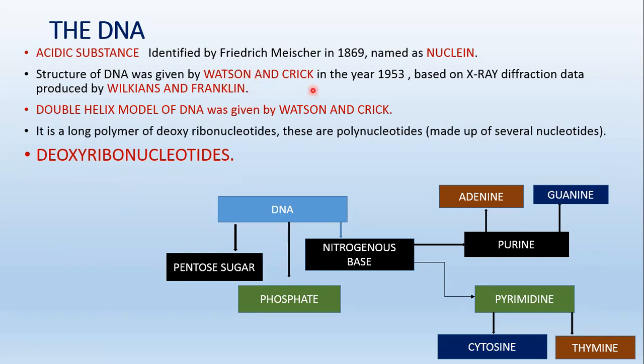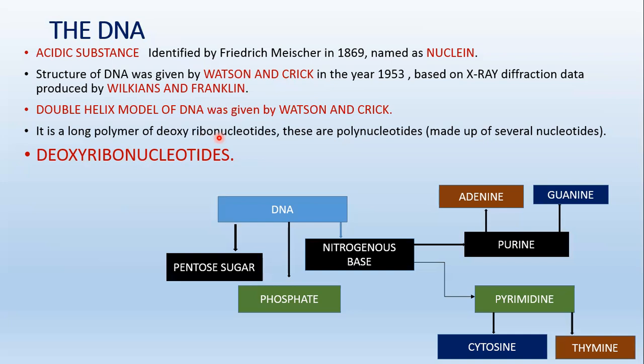Okay, so Watson and Crick gave the structure of DNA, but how did they give this structure? They must have read from somewhere. How did they get the idea about the structure of DNA? They got this idea from the X-ray diffraction data produced by Wilkins and Franklin. Okay, so you need to remember the names of these scientists because you can expect a question like this in OUAT or in some other entrance examination. You can expect that they can ask you in what year or which scientist gave the structure of DNA and all.